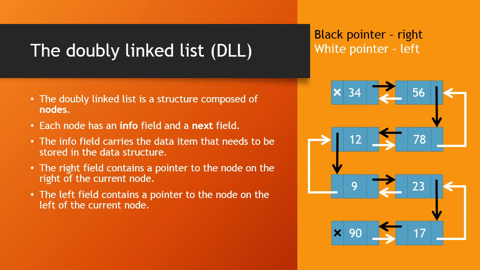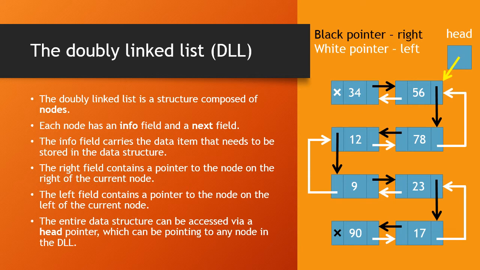So I start with 90 and on the left of 90 is 17, on the left of 17 is 23, on the left of 23 is 9, on the left of 9 is 12, on the left of 12 is 78. And on the left of 78 is 56, and on the left of 56 is 34, but there is nobody on the left of 34.